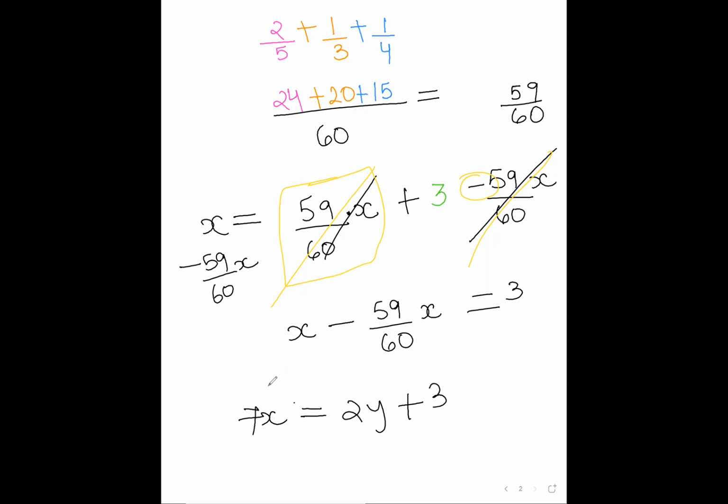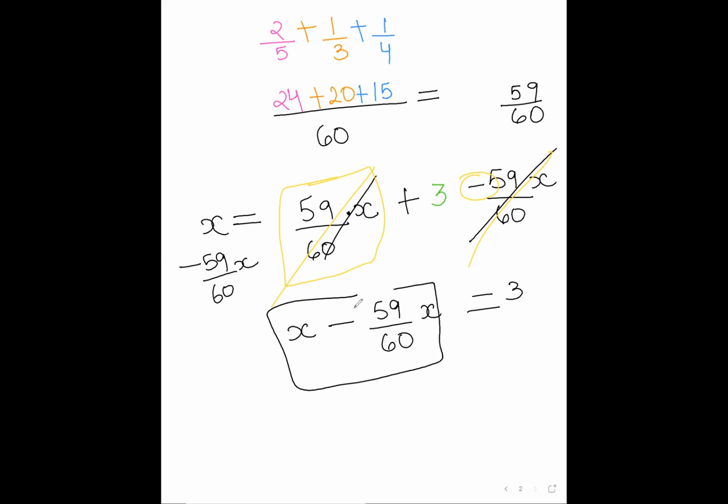What is the coefficient of x, Hiba? 7. What is the coefficient of y? 2. Can you take a look at this equation now and tell me the coefficient of x over here? 59. Actually, it's not 59 by 60. It's negative 59 by 60 because the default position is positive, right?